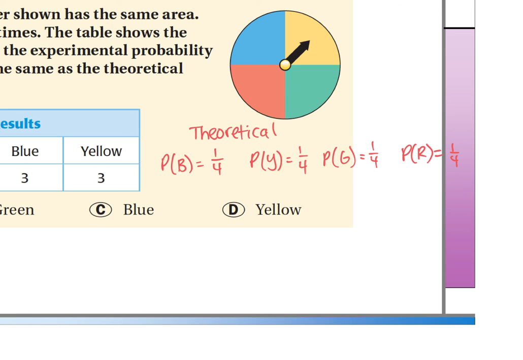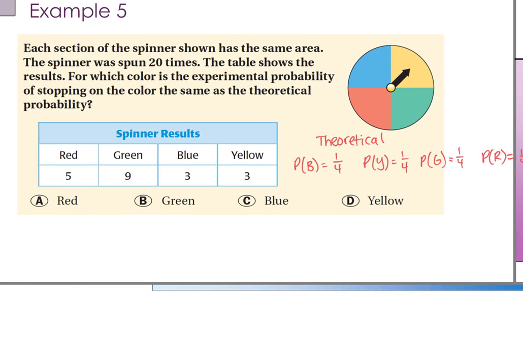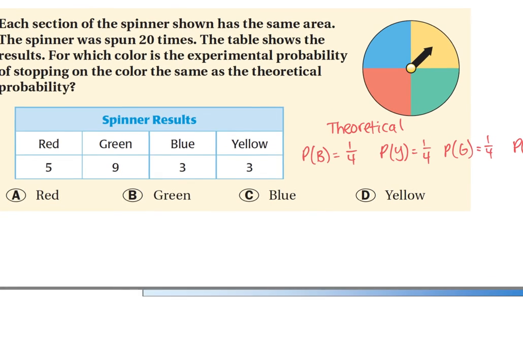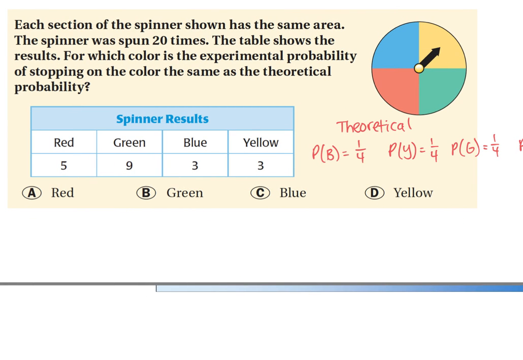Now, it is not guaranteed that our results are divided into 4s. There's random chance. So when we perform the experiment, we're checking which of these results match the theoretical. So right below the chart, write down this is our experimental.